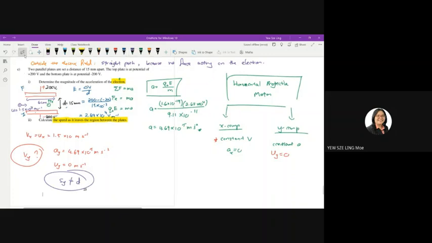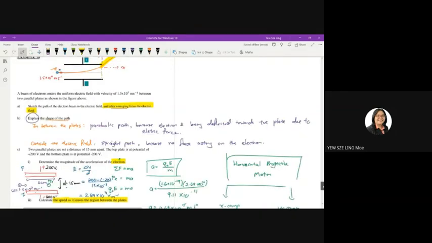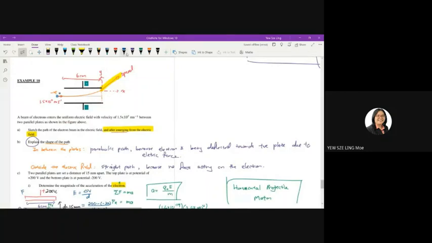Why? Again, let us go back to the original diagram. d represents the distance between two plates. Sy is only equal to d if it is coming out from your negative plate. But now it's not, it is coming from outside, and you don't know where it entered from.